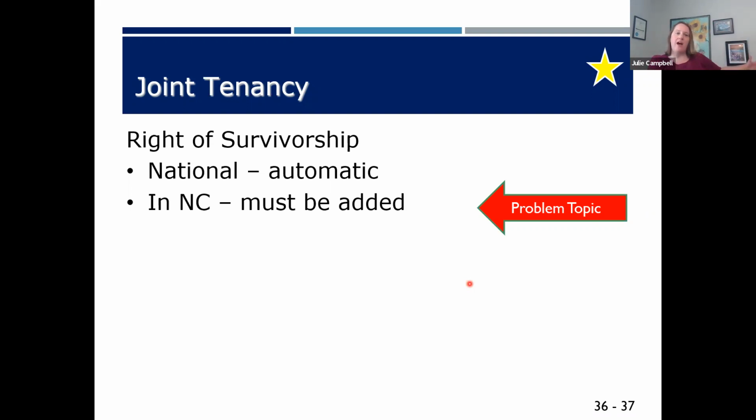Nationally, right of survivorship with Joint Tenancy is automatic. So you go to another state, right of survivorship is automatic. In North Carolina, it's got to be intentionally created. It has to be added. So in North Carolina, when your unmarried buyers say they want to do Joint Tenancy, get them to an attorney so the attorney can explain this to them.